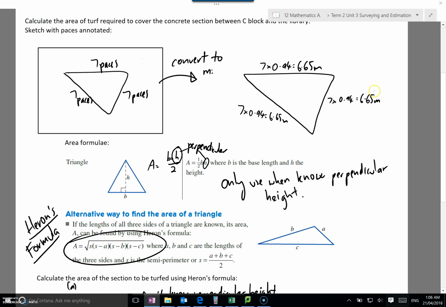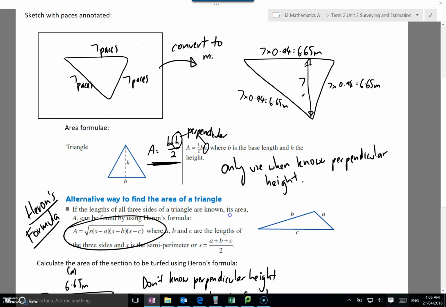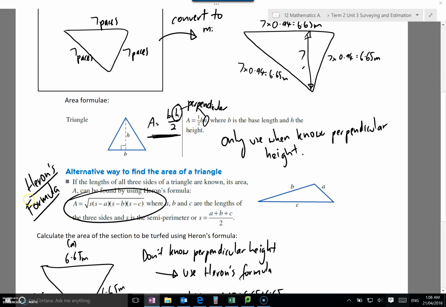When we look at the triangle that we've created here, and if you saw it in reality, we don't know the height of this triangle. So we can't use our normal area of a triangle formula. Instead, we need to use this Heron's formula, which is an alternate way to find the area of the triangle if we don't know the perpendicular height.